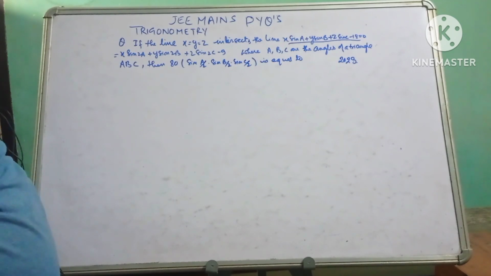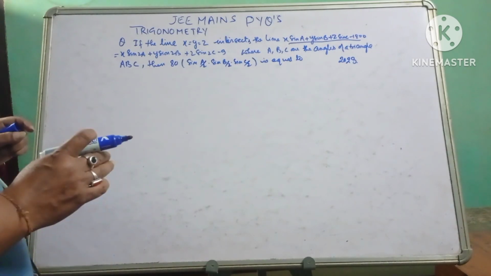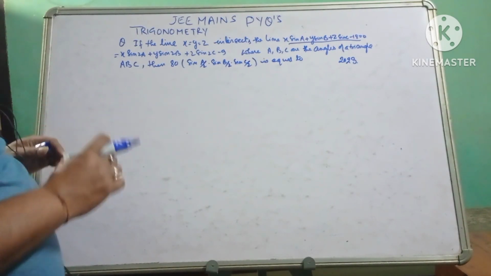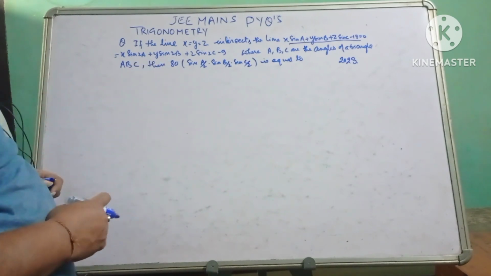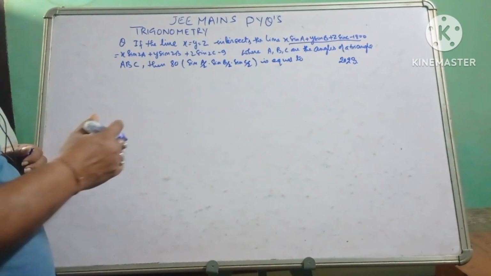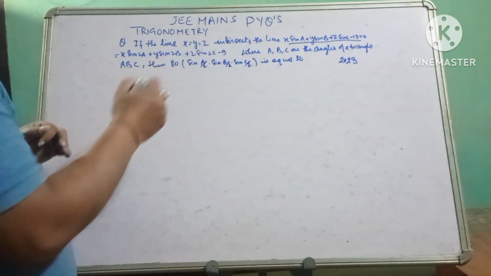So here the first type which naturally asks: two topics are mixed here. One is planes and the other is trigonometry.